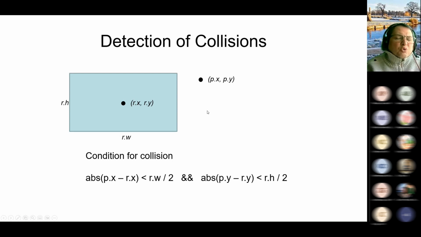There would be a possible collision in the y direction because the vertical distance between 2 points is smaller than half of the height of the rectangle.